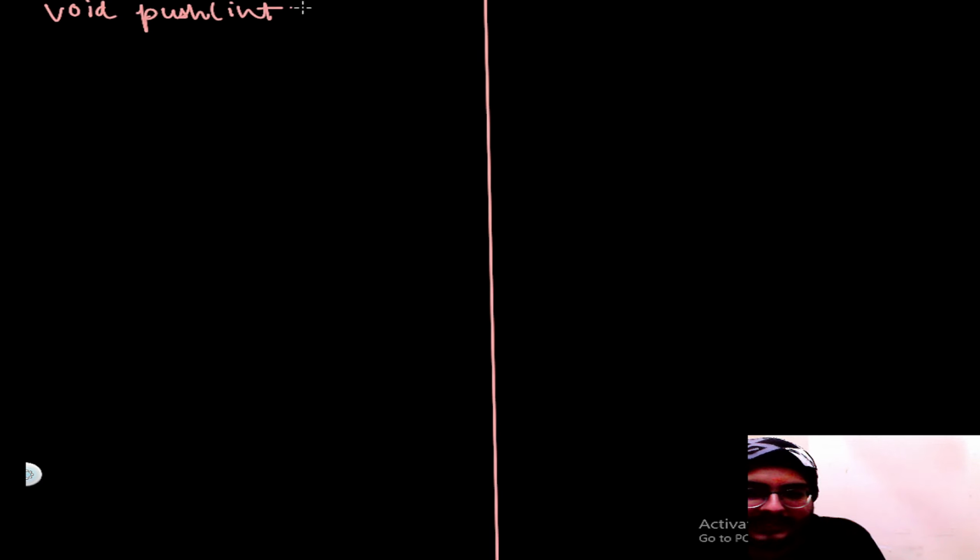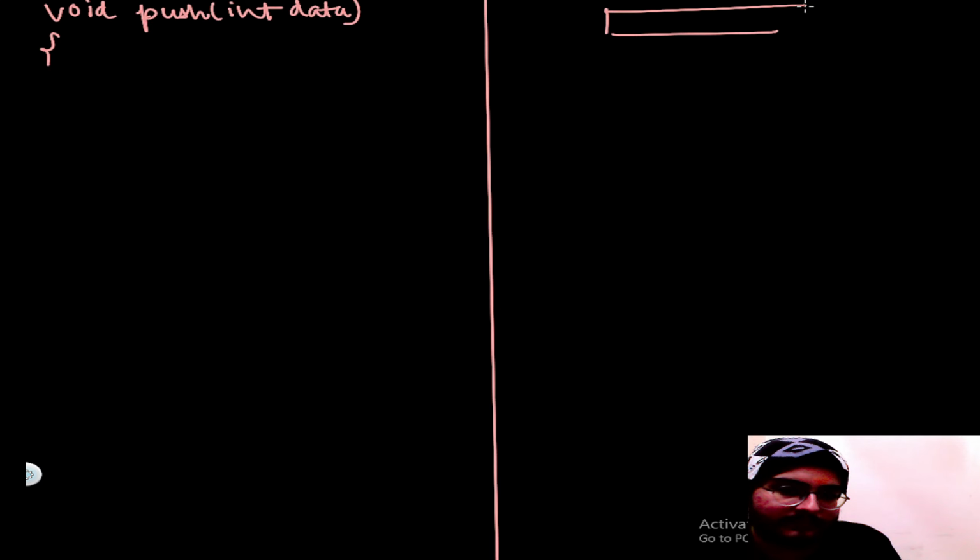Now let's implement our function, which is void push. It will take int data as input. Now see, this was our array, and here is our top. The size of the array is n, which is equal to size.